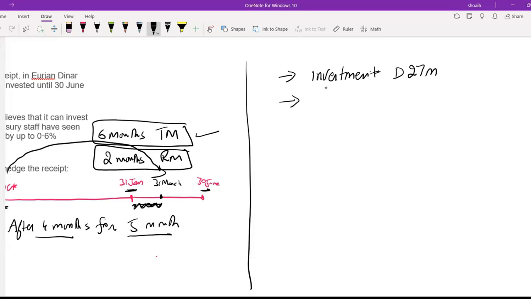We are investing, so whenever you are investing, you will receive the interest. So what will you do? Buy future. Which future? March, at 94.78, which is 5.78%.